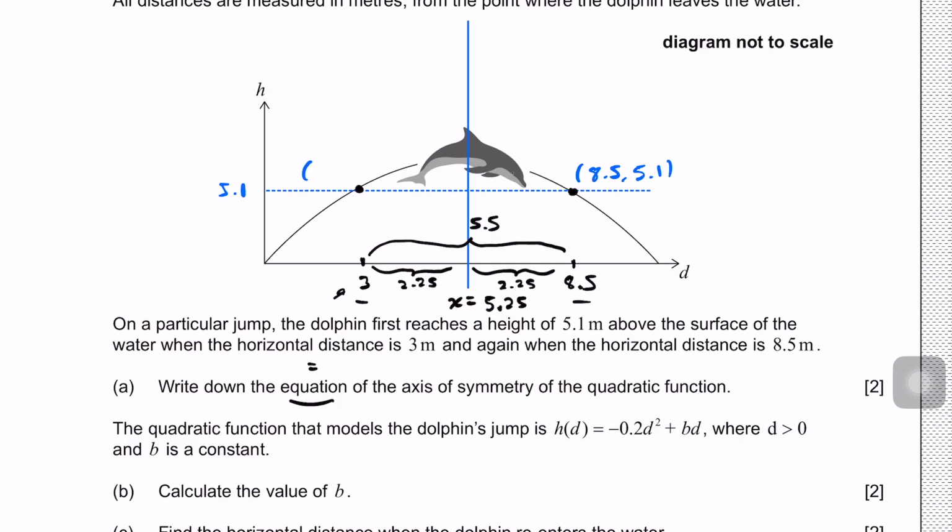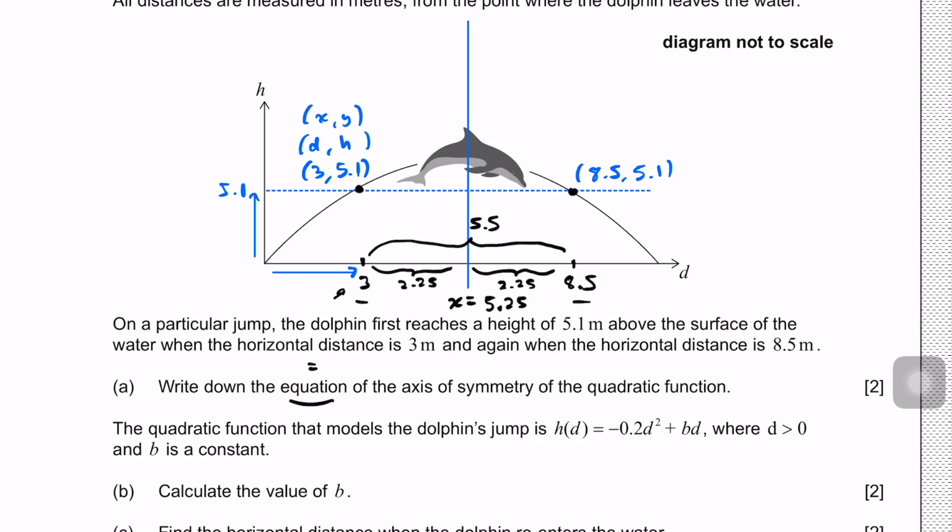Similarly, a distance of 3 meters in terms of horizontal distance traveled of this dolphin means that it is 5.1 meters in terms of the vertical distance. So we have a d and we have an h, or more familiar, we have an x and a y value in some sense.